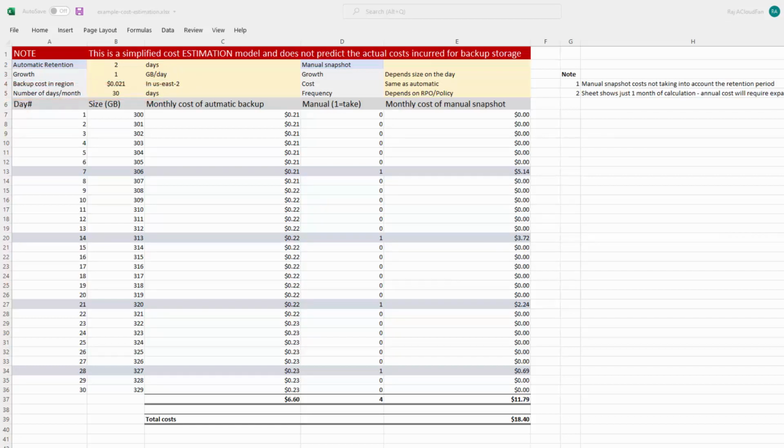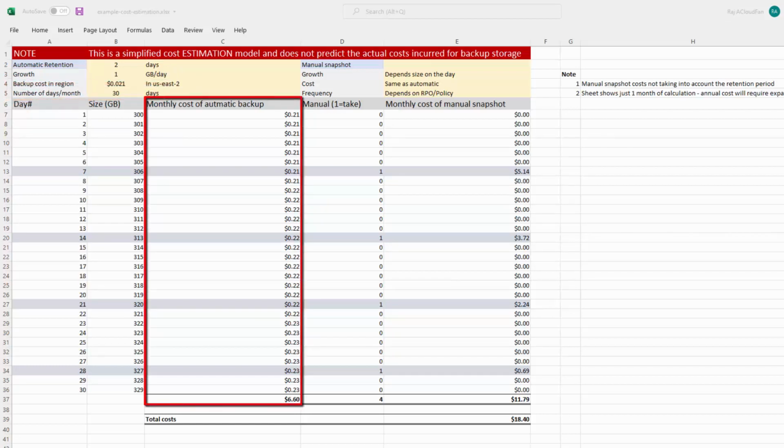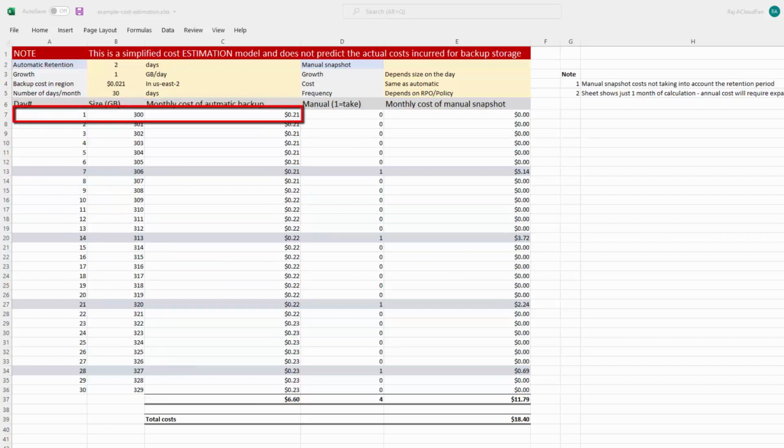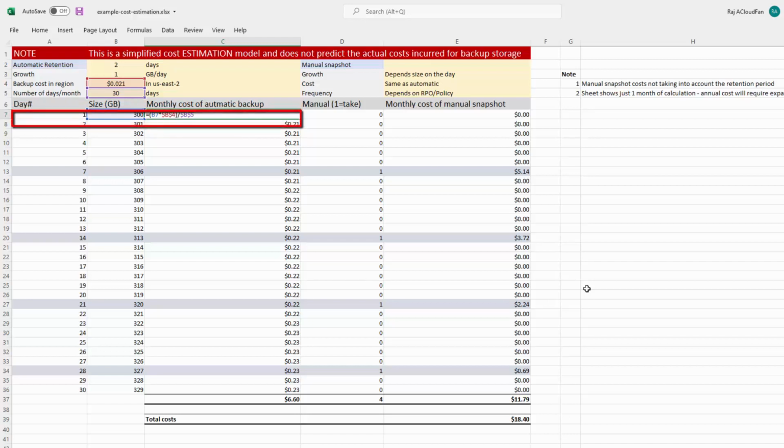Let's walk through the costing of automatic backup. Let's say the cluster starts with a size of 300 GB on the first day of the month. So here is how the prorated cost on day 1 will be calculated. I'm multiplying the size of the cluster with the cost of the backup storage divided by the number of days in the month.